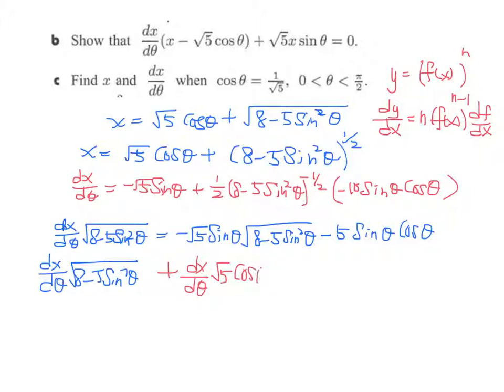Of course we can't do this because it is not balanced, so we have to subtract dx d theta root 5 cos theta.